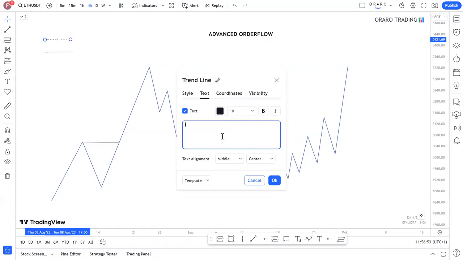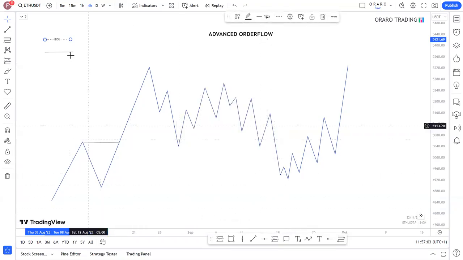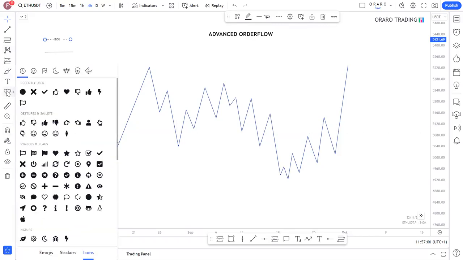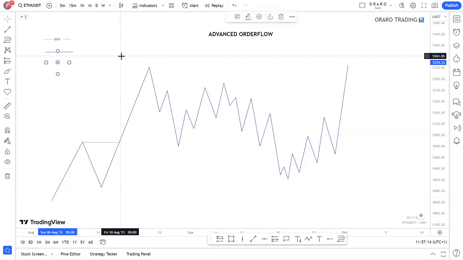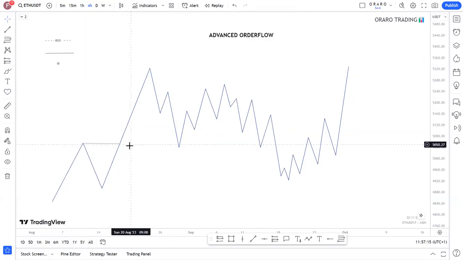It's not going to be very simple according to the way we see it in the textbook. Whenever we have a blank chart, structure is always the king. Price will always come and respect structure.